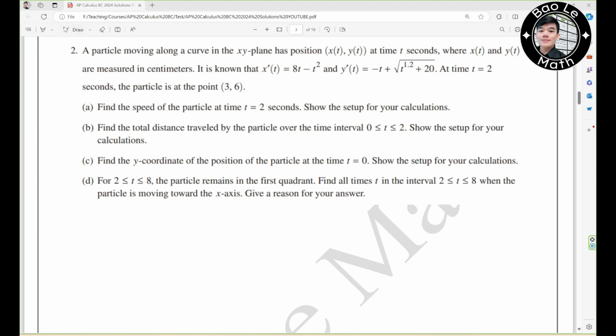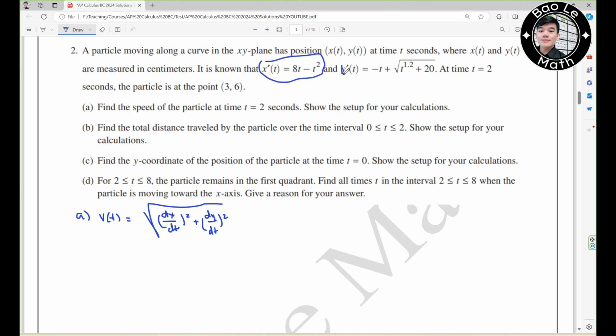Alright, so basically the formula for the speed is going to be v(t) equals the square root of (dx/dt) squared plus (dy/dt) squared. dx/dt is going to be right here, and dy/dt is going to be right here.